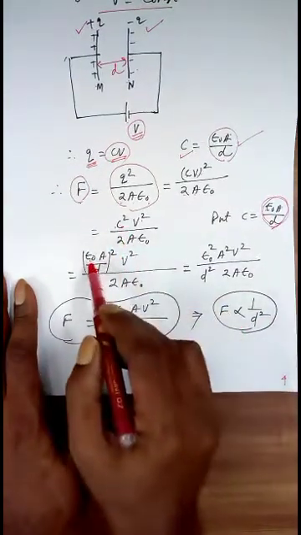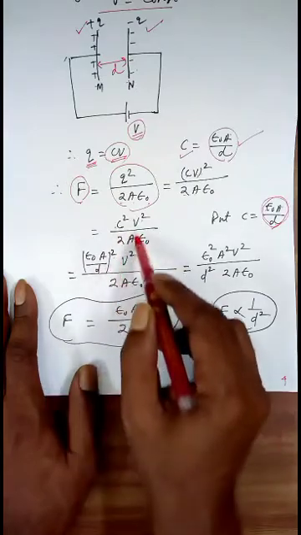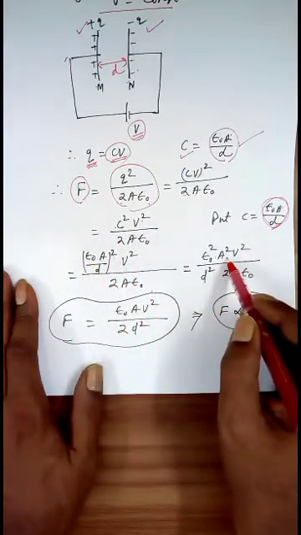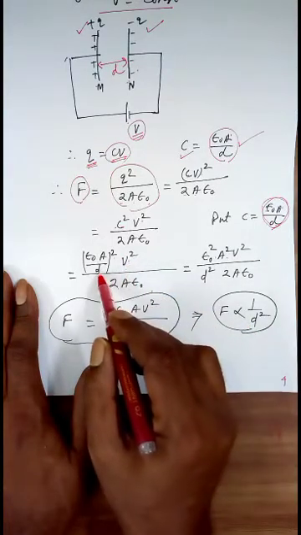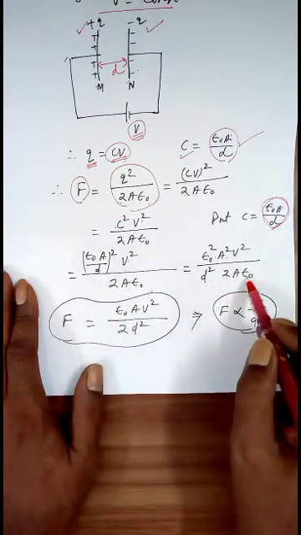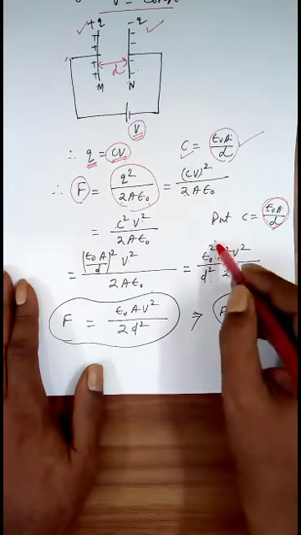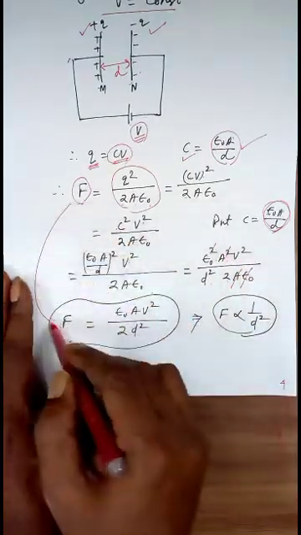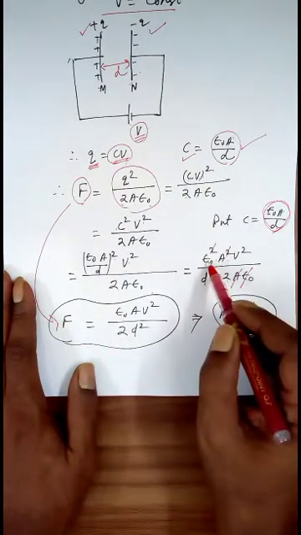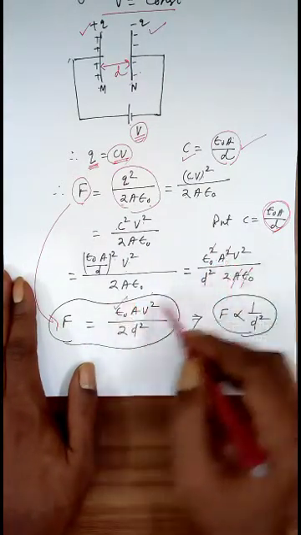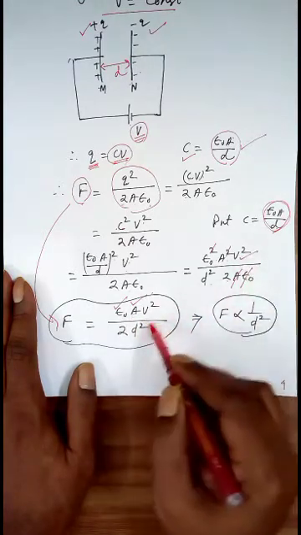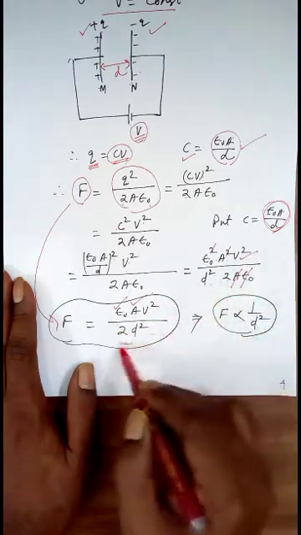So epsilon naught square, A square, V square over D square, in the denominator 2A epsilon naught. Now one epsilon cancels, one A cancels. So your force becomes epsilon naught A, where A is the area of each plate, V square divided by 2D square.